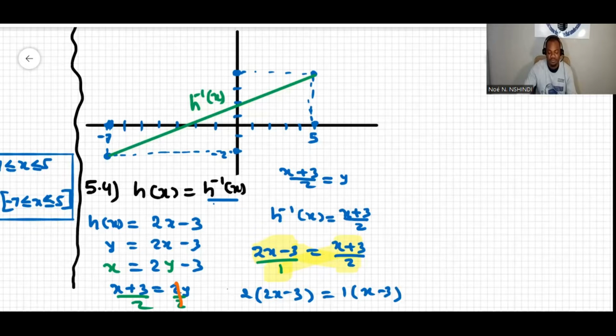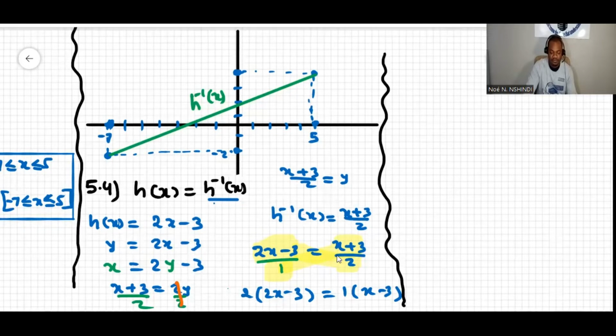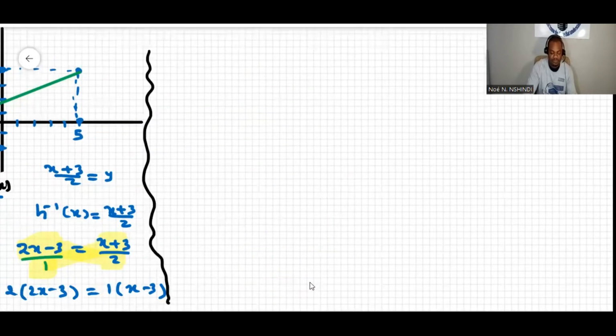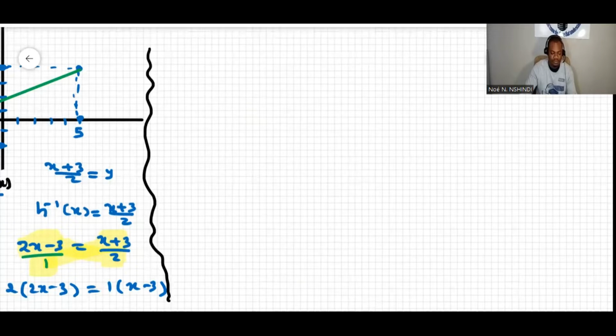Okay, let me split the board like this. Now move it over. For 4x minus 6, if I times 2 in the brackets, equal to x plus 3. Now move the x over. That makes 4x minus x.